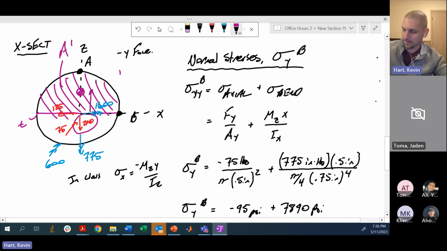This here is my y bar prime. Which, if we remember our equations, is 4r on 3 pi for a half circle. And it's on your equation sheet if you don't remember and you need it tomorrow. Maybe you will.